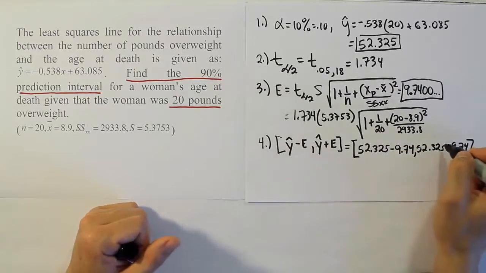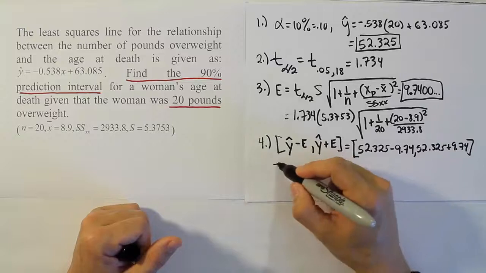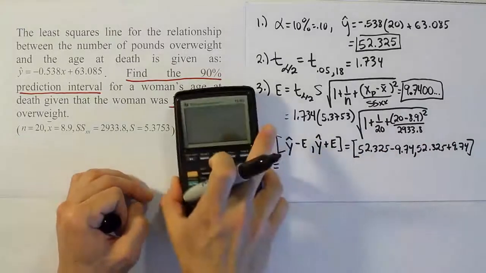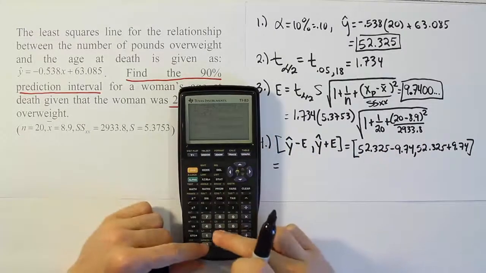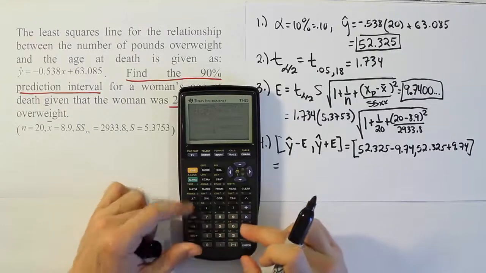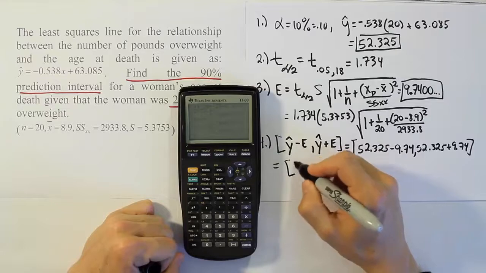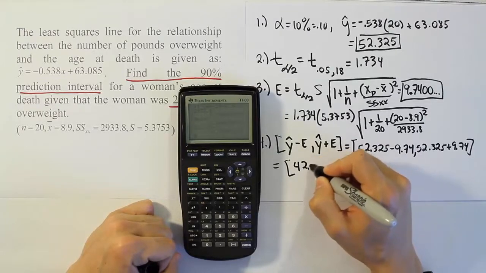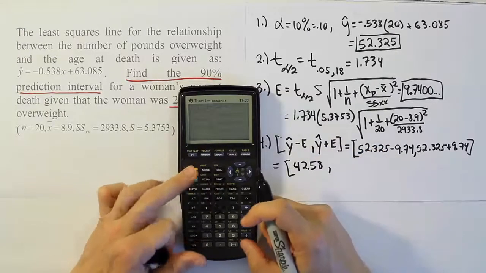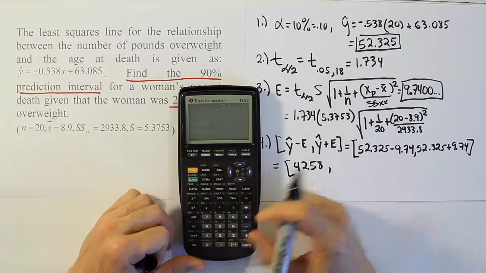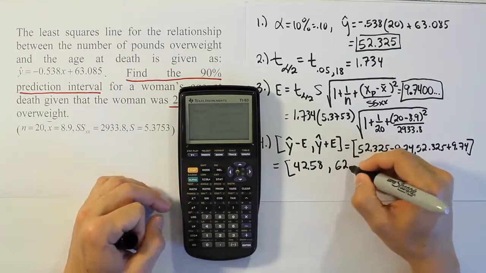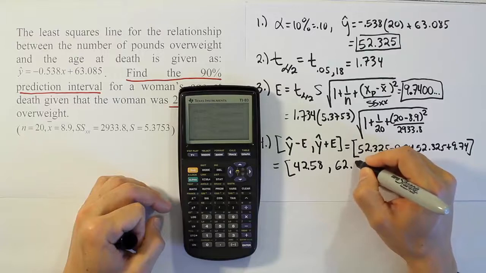All right, now that'll be 52.325 minus the error, which works out to be 42.58, and then we'll add the error to that, and we get the answer 62.07.